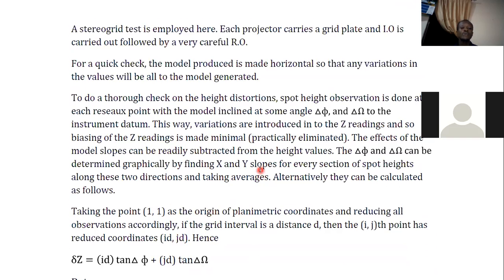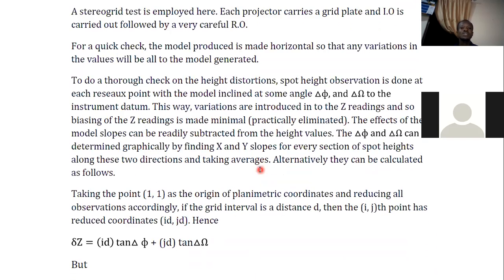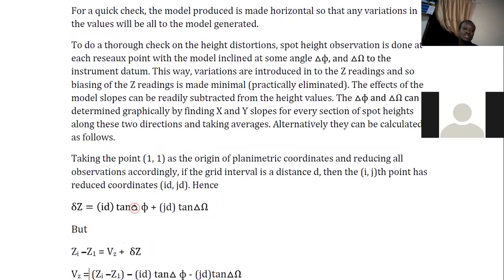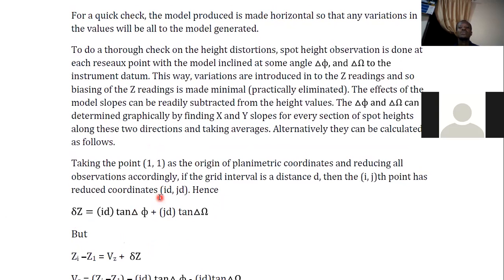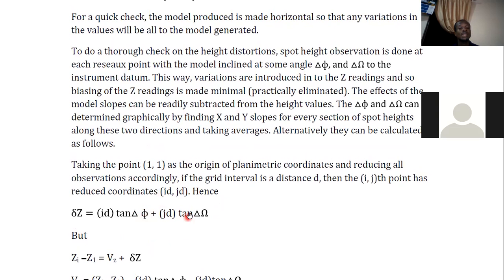So the difference in the stereograde test is that we now introduce a z component, and we also look at a common rotation of the model. So the monograde test doesn't look at the model, but the stereograde test looks at the model. When you look down here in this equation, you realize that we are trying to measure what we call the common phi and the common omega.